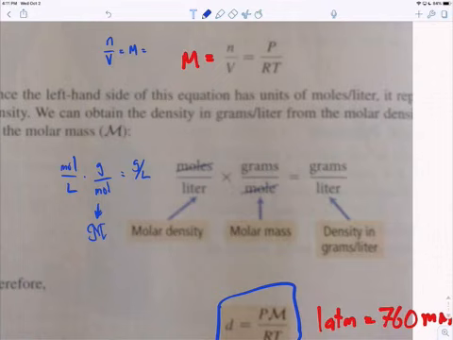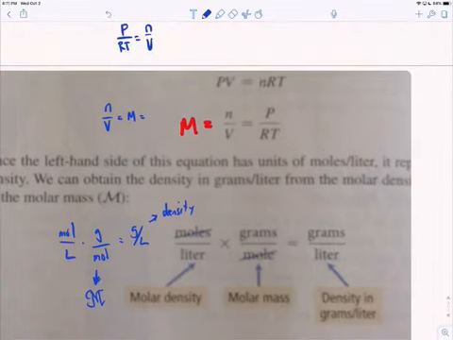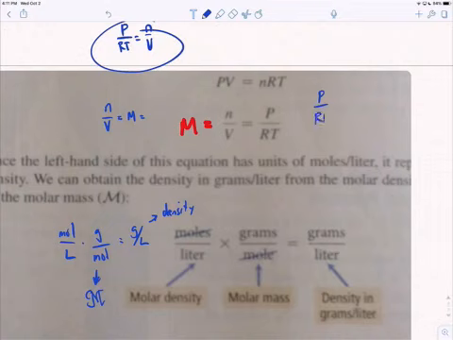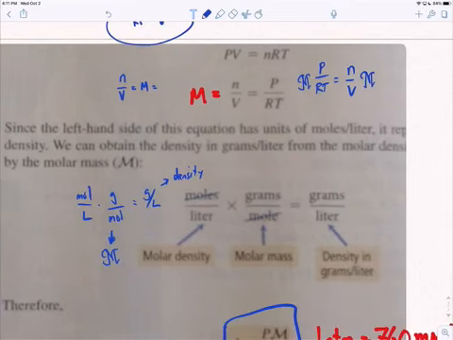And mass per volume is density. So as written up here, P over RT equals n over V. So I can multiply both sides by molecular weight, moles per liter. And as determined before, this equals density.